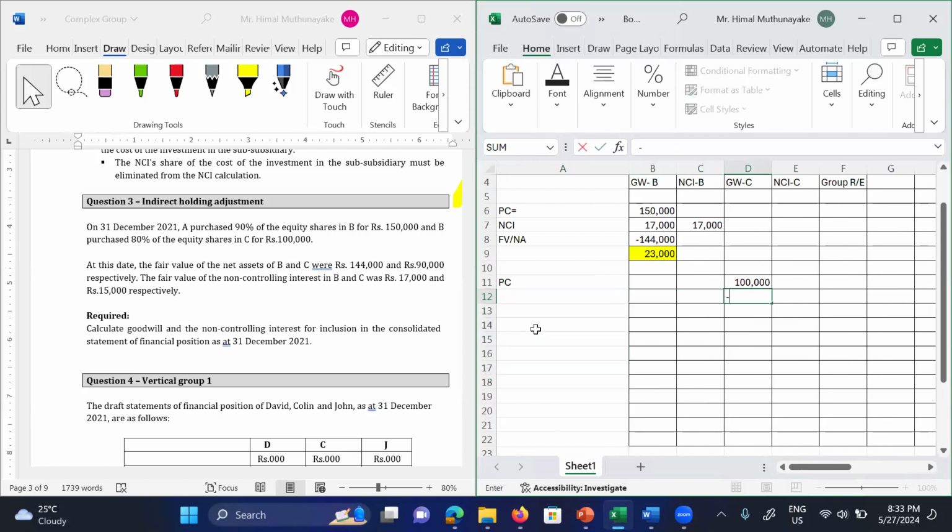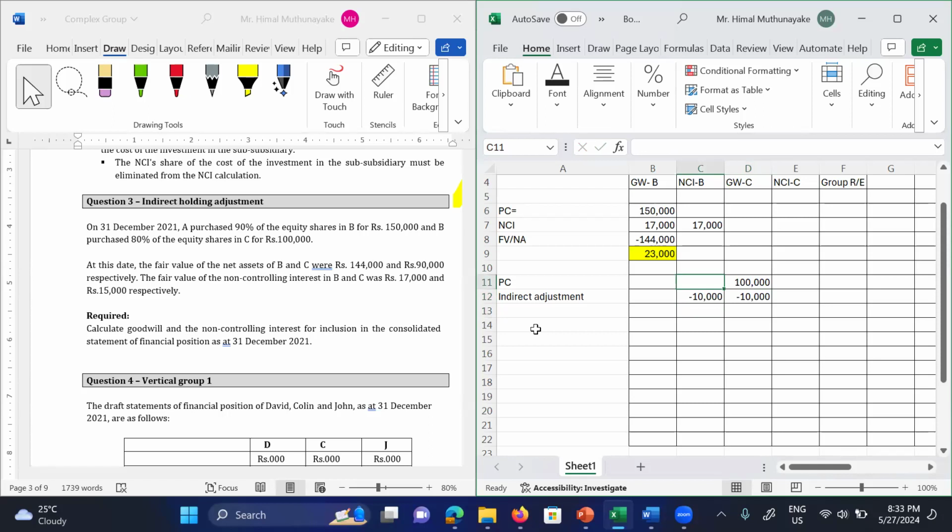So I remove 10,000 as an indirect adjustment. Indirect adjustment. So the double entry would be cost of control account credit, and you need to debit the NCI account. You need to get the NCI balance.